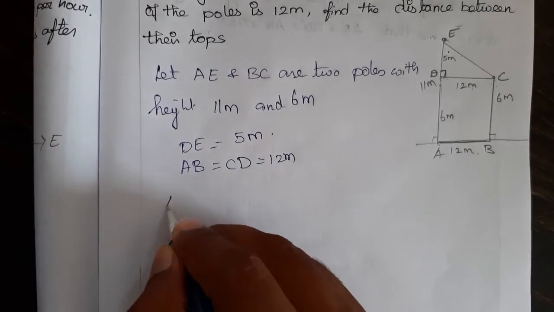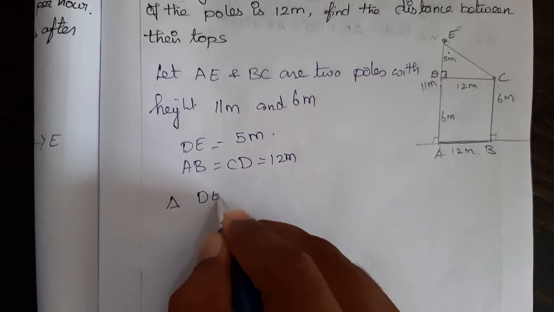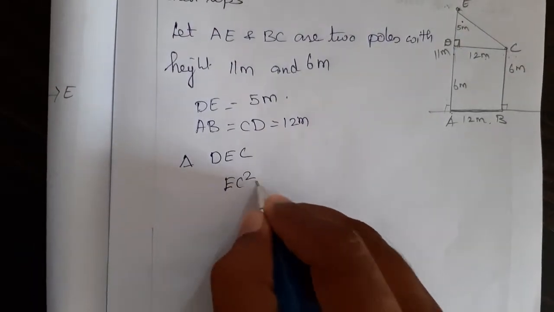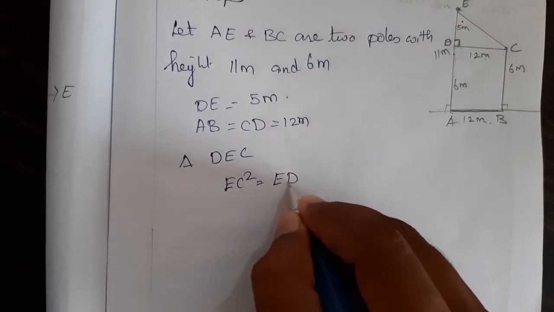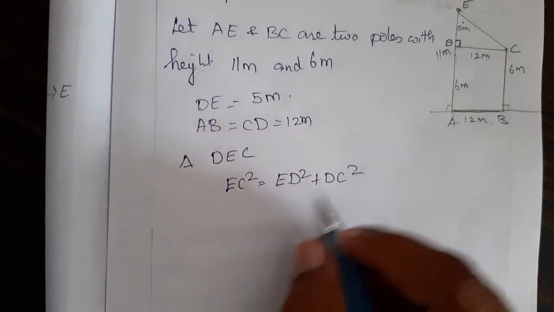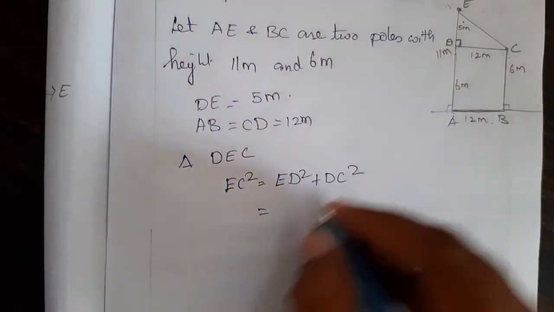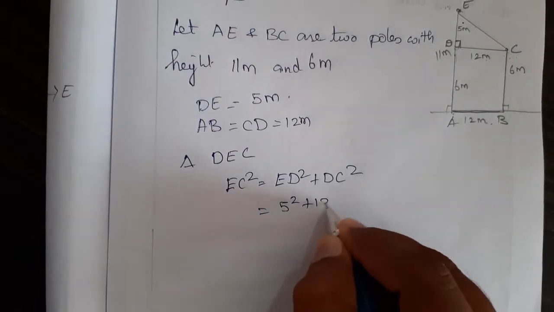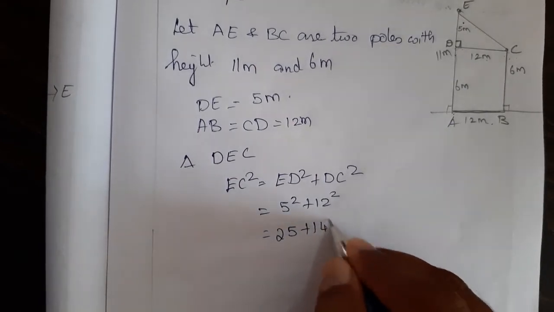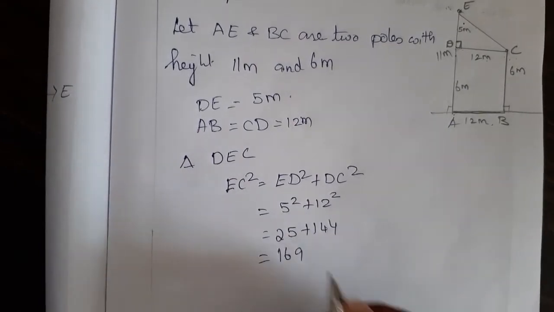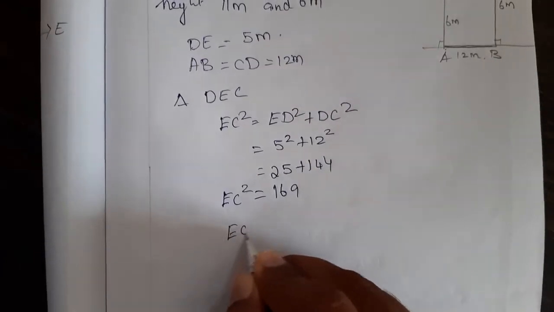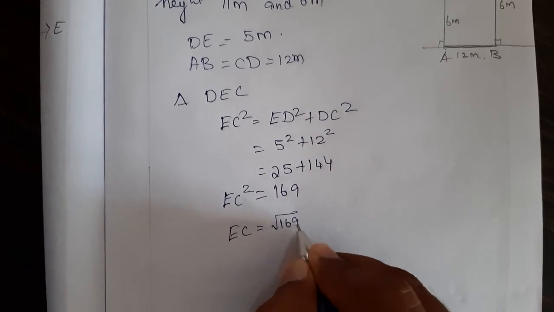So in the right triangle DEC, which is the hypotenuse? EC, right? So EC square is equal to ED square plus DC square. So ED is 5 meter and 12 meter. So 5 square plus 12 square, 5 square is 25, 12 square is 144, so total is 169. So EC square is equal to 169, then EC is equal to square root of 169.